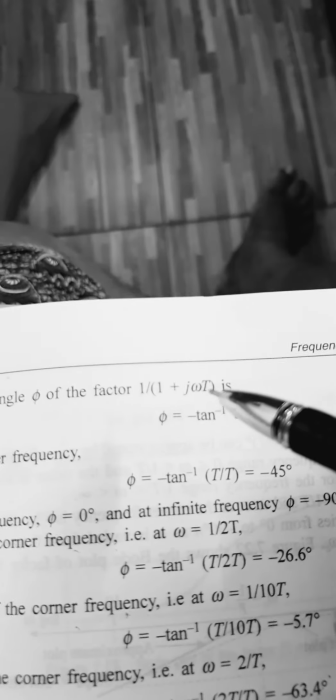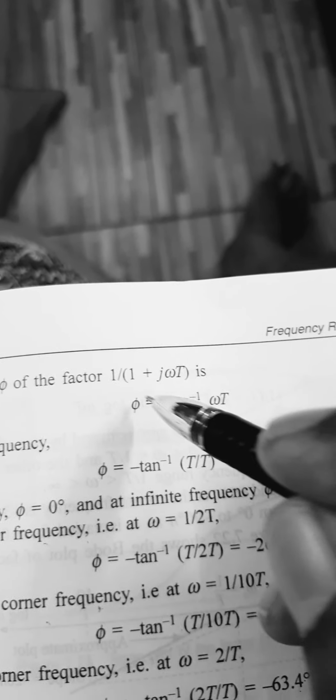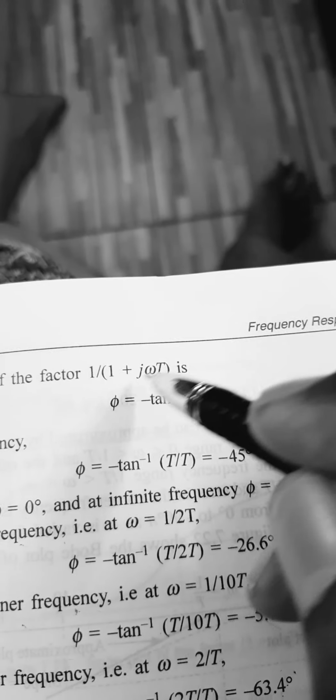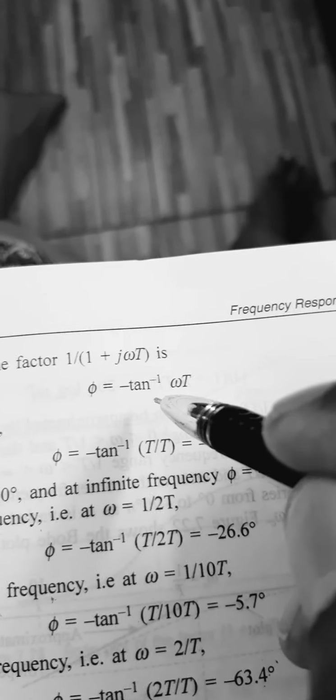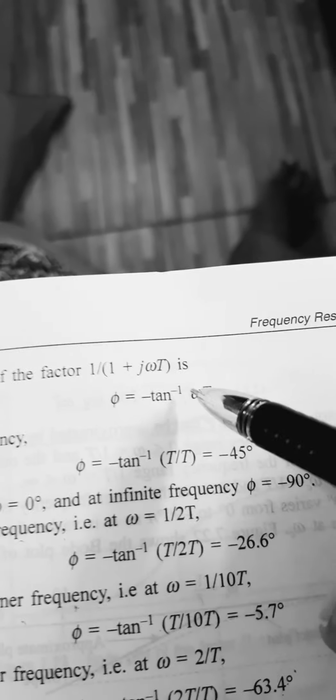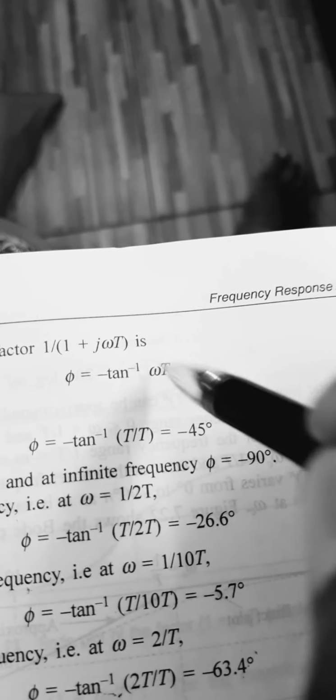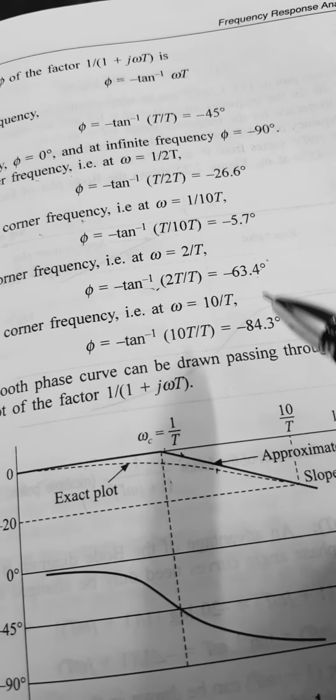Again, these are your expressions, 1 divided by 1 plus j omega T. Phi can be calculated as follows: because the term is in the denominator, it is minus tan inverse of the imaginary term omega T divided by the real term, that is 1, so it becomes minus tan inverse of omega T. So we got all the terms.